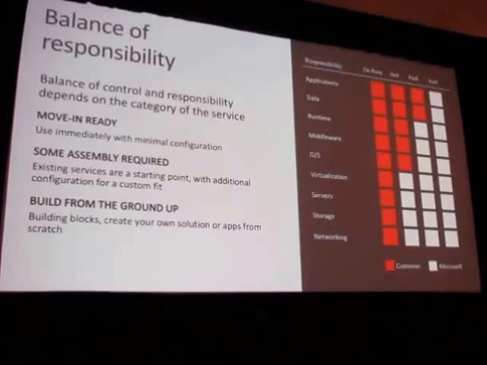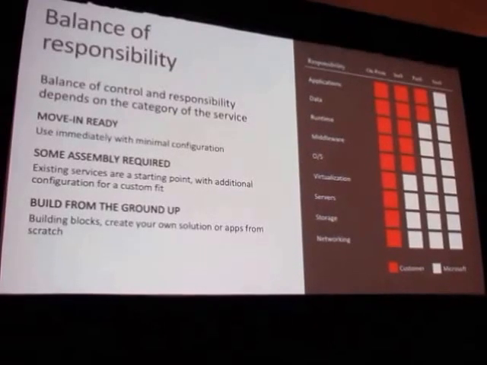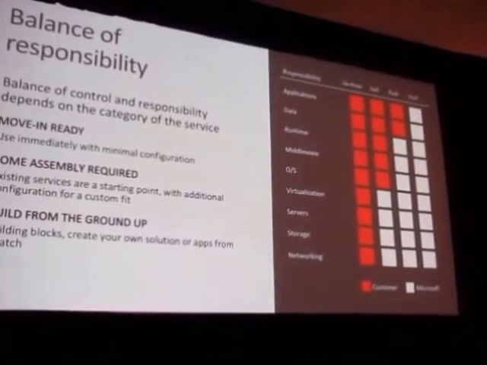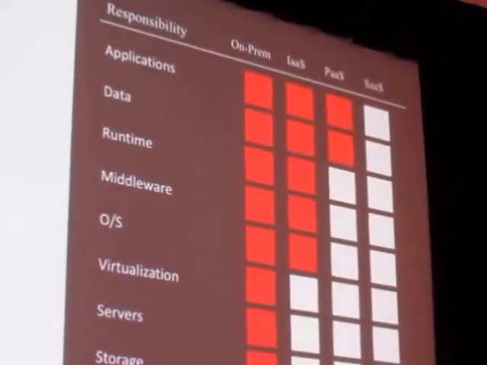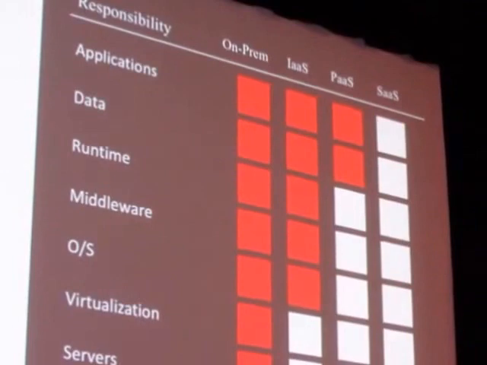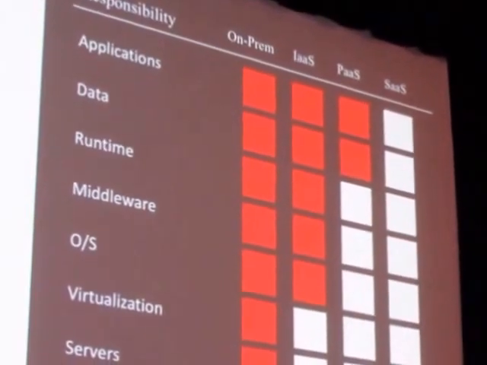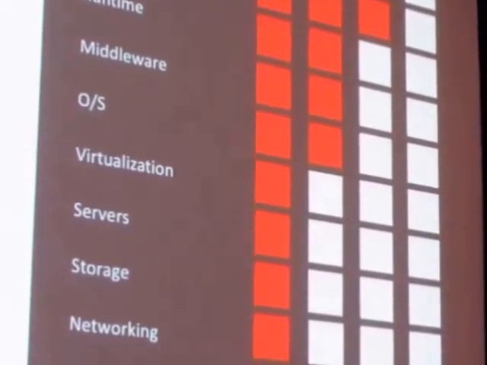So where we were in the old days, and I'm sure many people in this room are probably still in this world, if you've got an on-prem data center where you're running your software, it's all up to you. Dealing with everything from the base networking and storage and compute components all the way up to the application layer. And that's how you end up with a large IT organization that manages all of those red boxes.